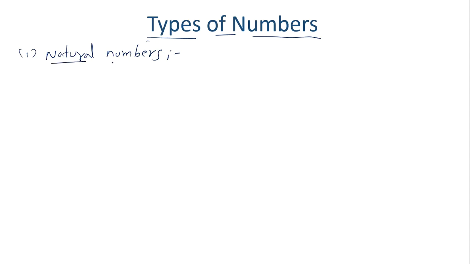Numbers which start from 1 and go on to infinity are called natural numbers.